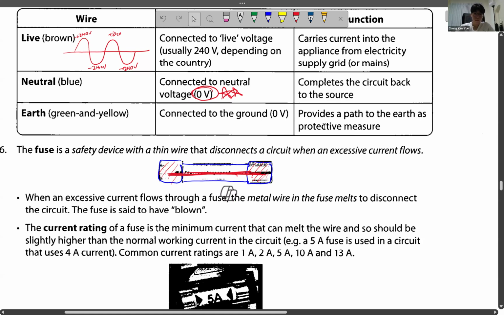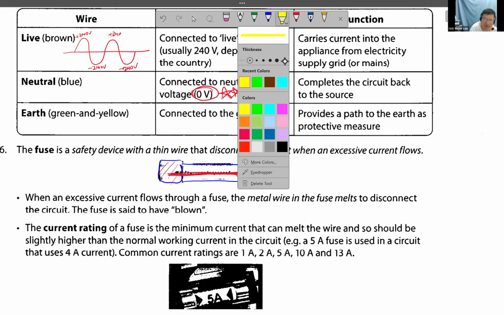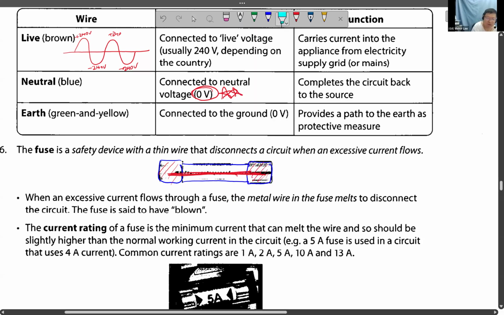Let me just highlight this to you. A fuse is a safety device with a thin wire that disconnects a circuit when excessive current flows through it. The thin wire melts and disconnects the circuit.